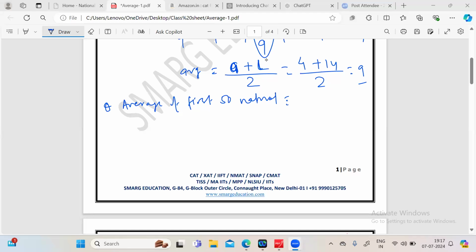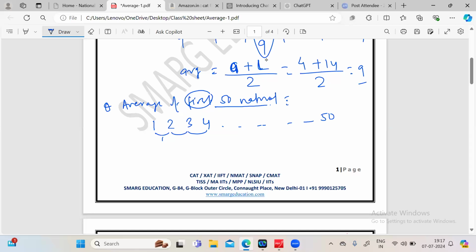Natural numbers, you have to remember what numbers are called natural numbers. Since it is written first 50, it will start with 1, 2, 3, 4, and go till 50. The series is in AP because the common difference is 1 only.